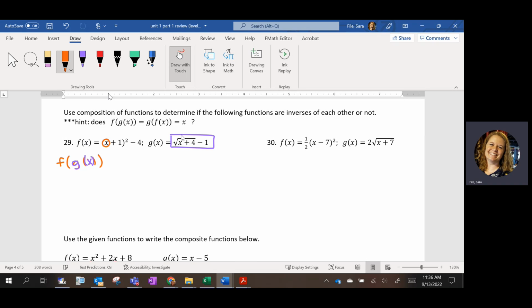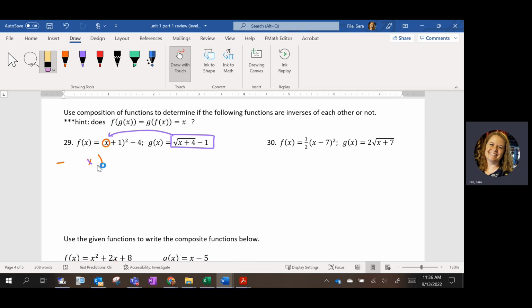So I'm going to replace that x with that whole thing. Oof. And then that's squared. We're going to have to FOIL. I'm glad I caught that.